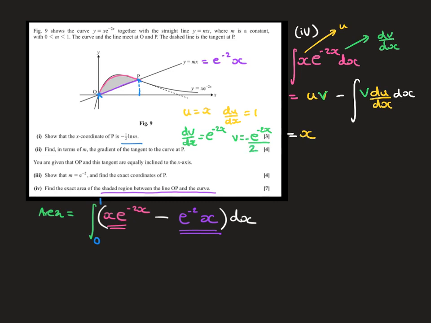So here, when we write down uv, we want x, but we also want negative a half e to the negative 2x, and then subtract from that the integral of v times du by dx. Now v, remember, is negative e to the negative 2x over 2.